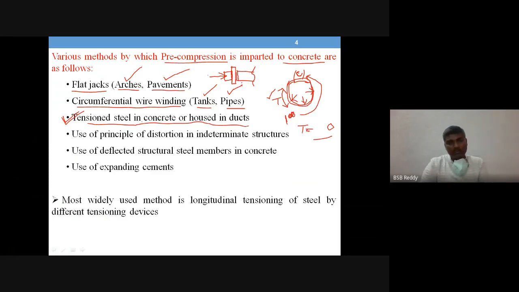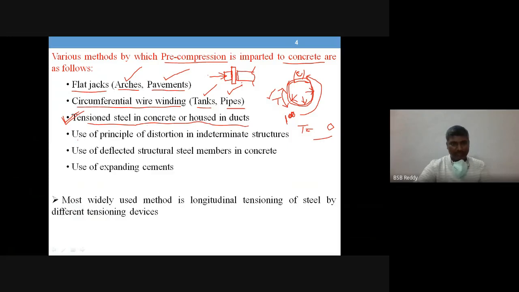So either prior to casting concrete, you can just pull the tendon and pour the concrete, let it get hard, or first prepare the concrete member with a duct left for inserting the steel member for tensioning. So this is the way tension steel is used to induce pre-compression in the concrete.